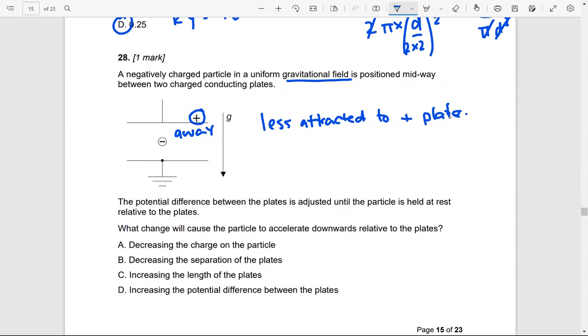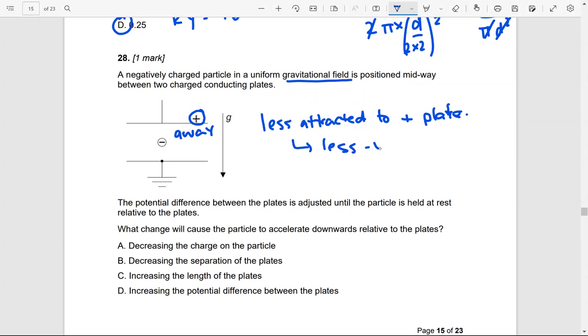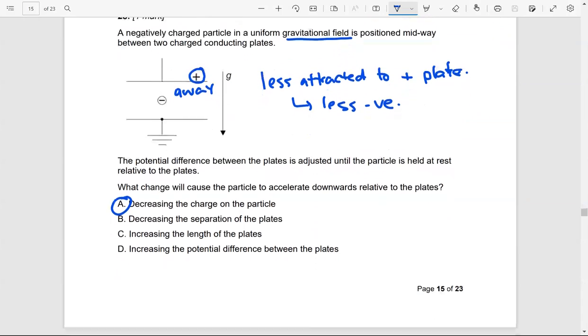So the only way to do that is by making the charge smaller. So we make it less negative. If it's less negative, it will be less attracted to the positive plate. So can we do that? Yes, we can. A, decreasing the charge on the particle. It's going to become less attracted to the positive plate, and then it's going to be accelerated down towards the ground.